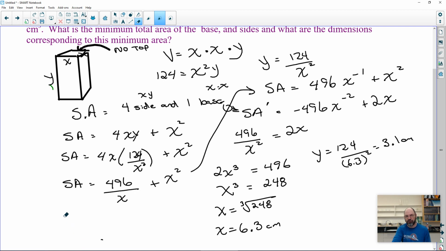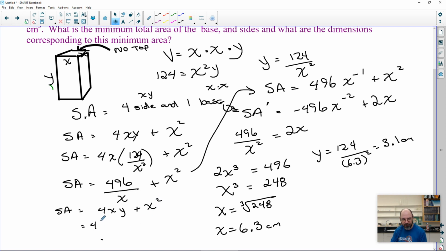So we have to go to the surface area equation, not that one. We know the dimensions, which we have here, but we're going to plug them into the surface area: 4xy plus x squared.